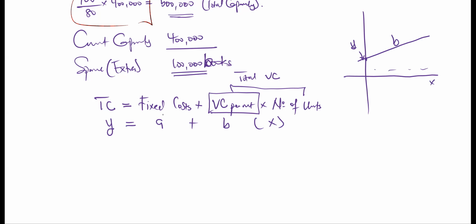I hope that is clear. So b is simply the gradient of the straight line. You've seen this somewhere before, haven't you? Yes, it's the same thing in management. Management accounting is actually mathematics in disguise. It's still mathematics. So don't forget.